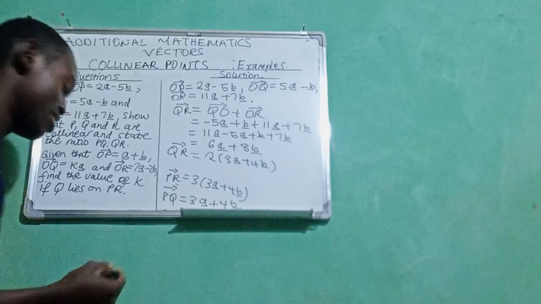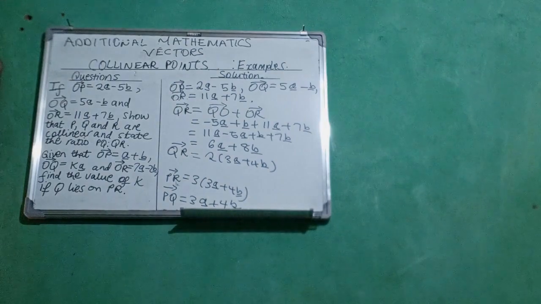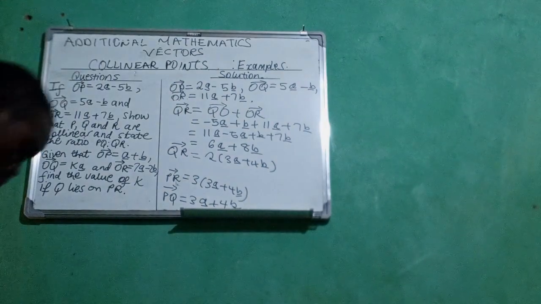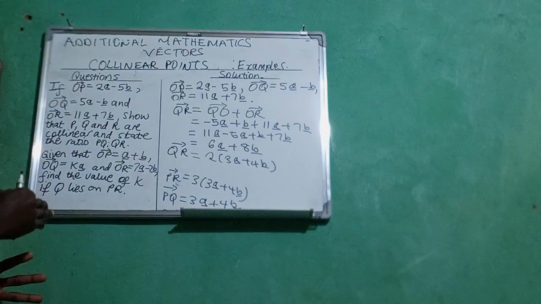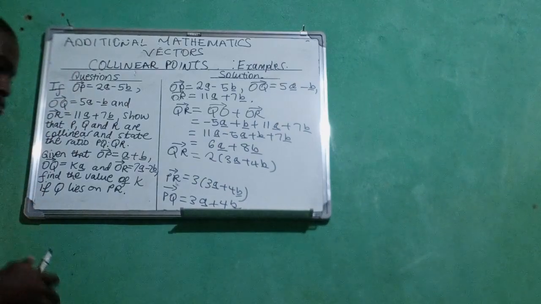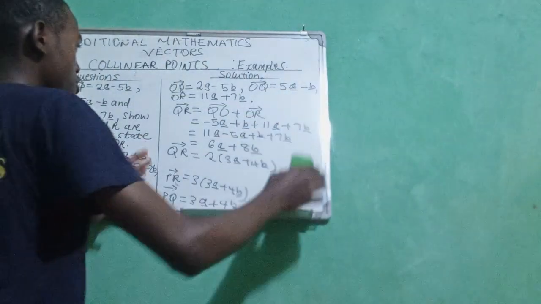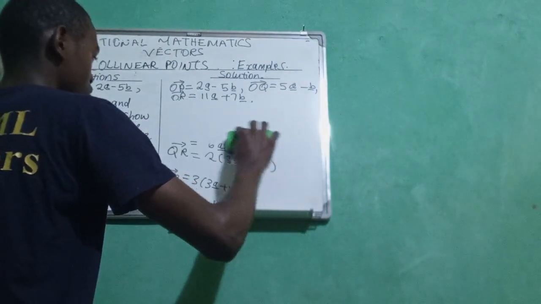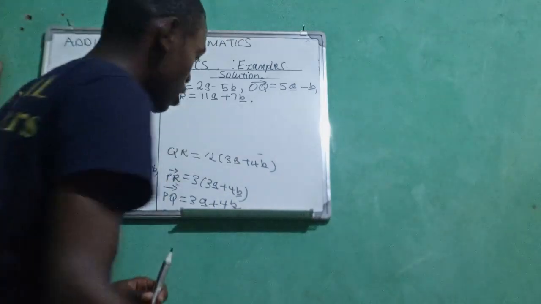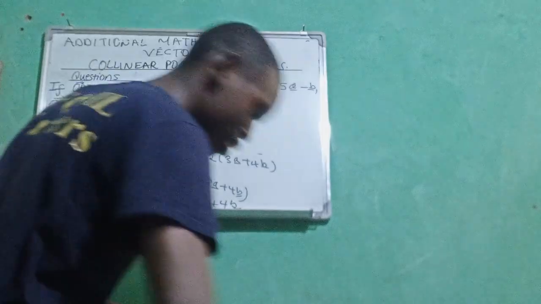Alright, therefore to finish the question, they are saying state the ratio PQ to QR. That would be at the end. So first of all, let's finish the question. To conclude, this is our QR here.